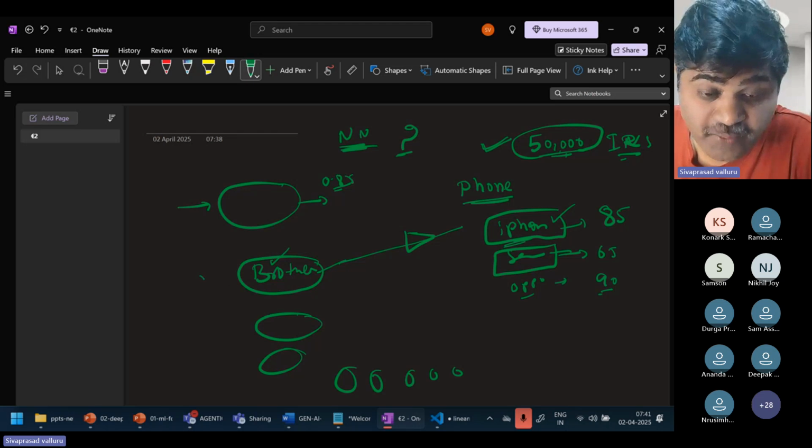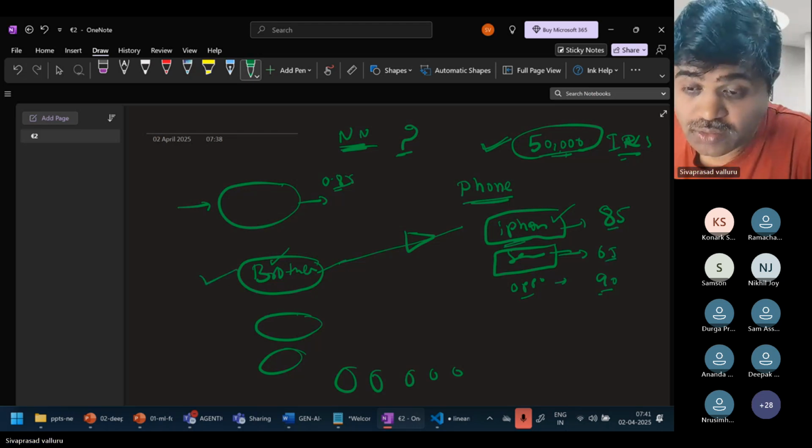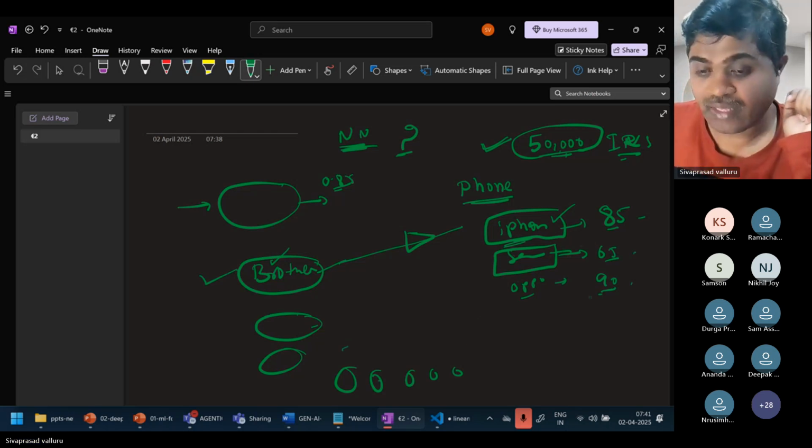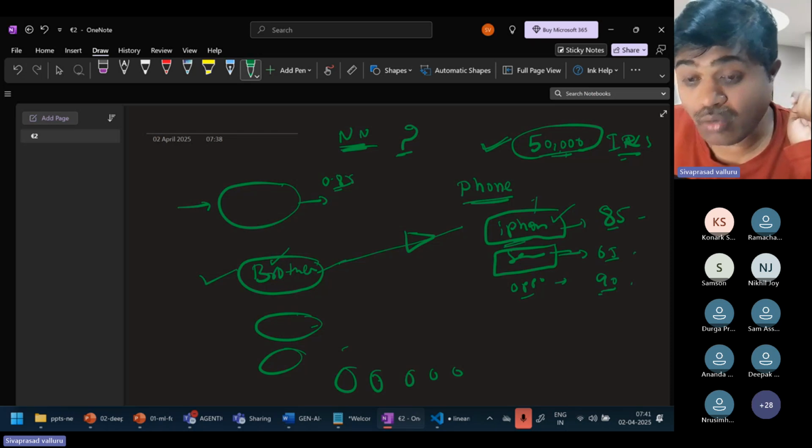Let's assume the first person gives these scores. I'll ask the second person, he will give his scores for all. Then the third, fourth person. If I ask 10 persons, I can get a mean score for iPhone, Samsung, and Oppo.